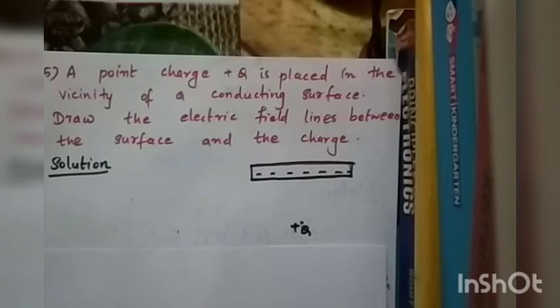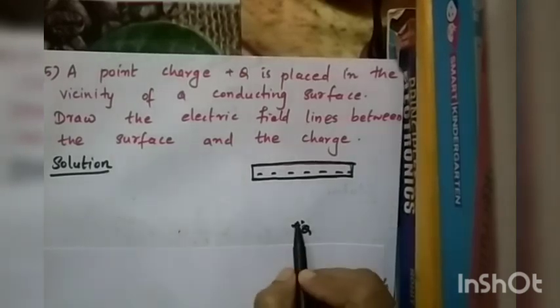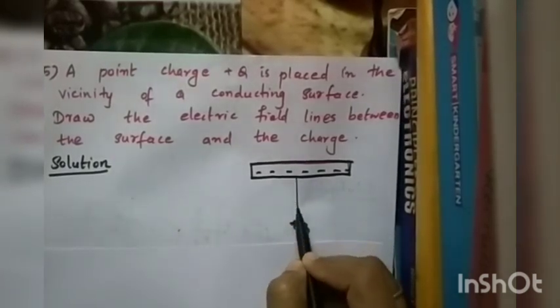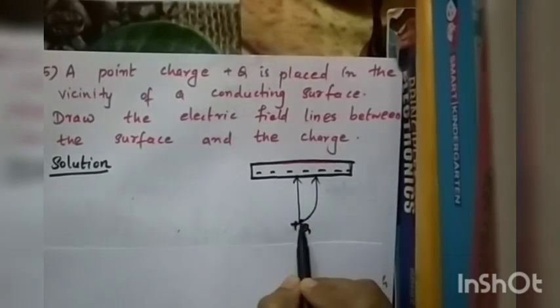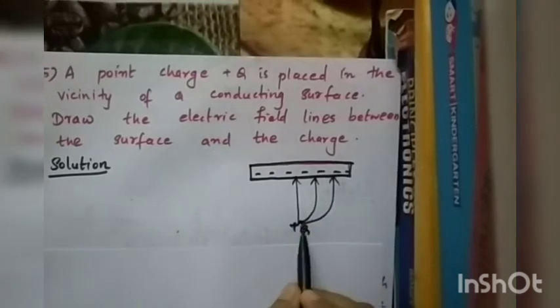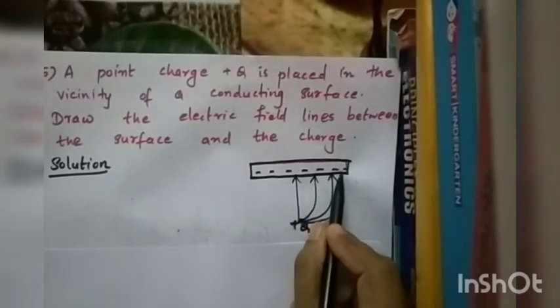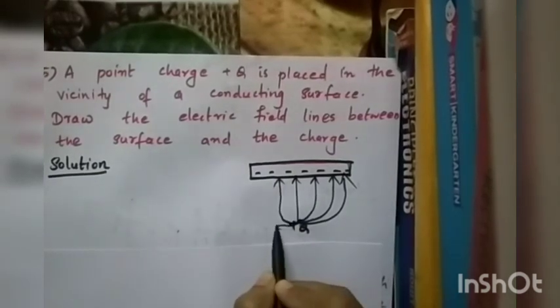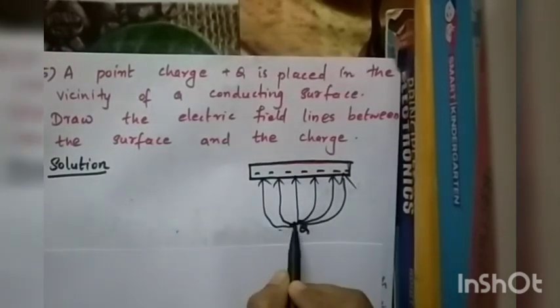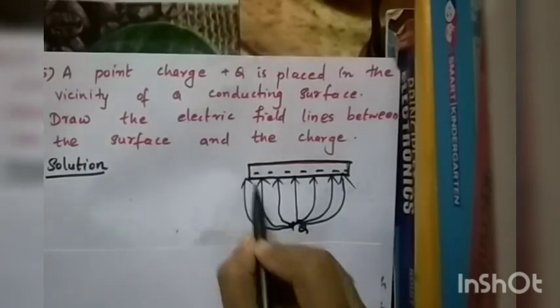Field lines will point from positive to negative charge. So this will be the direction of field lines, from positive to negative. Okay.